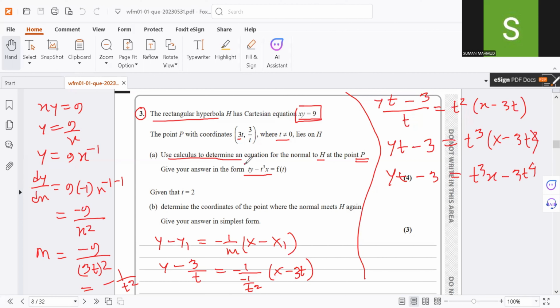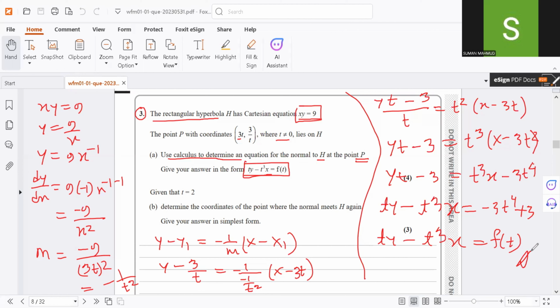We have to put it in the form ty minus t cubed x, so ty minus t cubed x equals minus 3t to the power 4 plus 3. So we can write ty minus t cubed x equals 3 minus 3t to the power 4. That is the final answer.